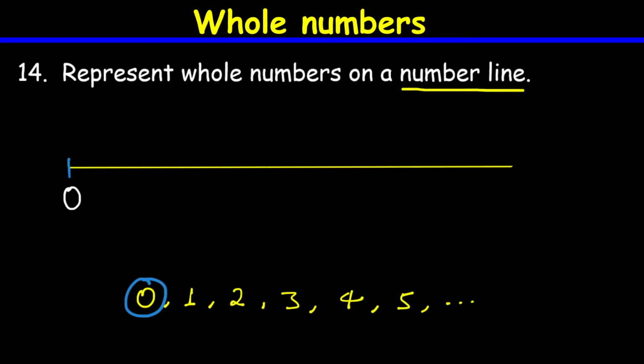Next, mark another point on the right side of 0 and label it with the second whole number, which is 1. Then mark another point on the right side of 1 and label it with the next whole number, which is 2. Then mark another point on the right side of 2 and label it with the next whole number, which is 3.